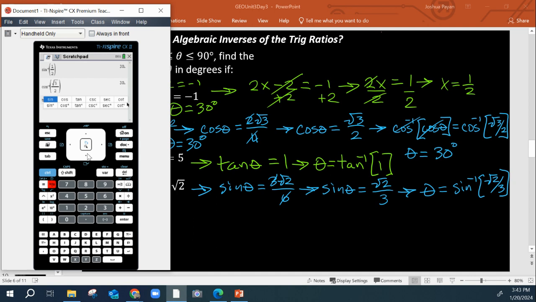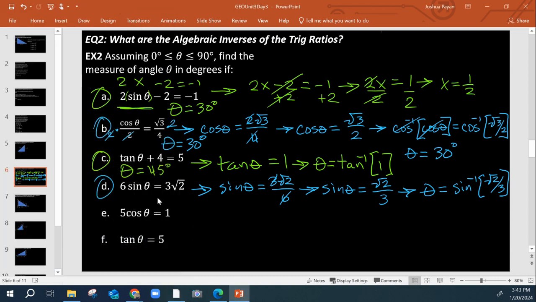So trig button, we're going to say arc sine of square root of 2 over 3. And here we get a non-special angle, because we have a non-special trig ratio, of approximately 28.13 degrees. So theta is approximately 28.13 degrees. Okay, a few more examples.